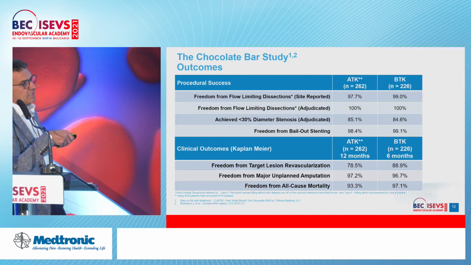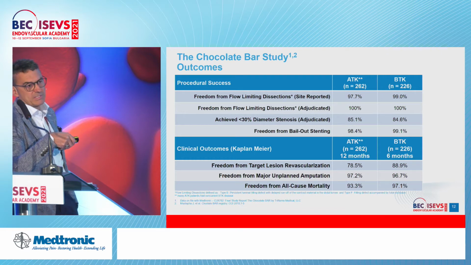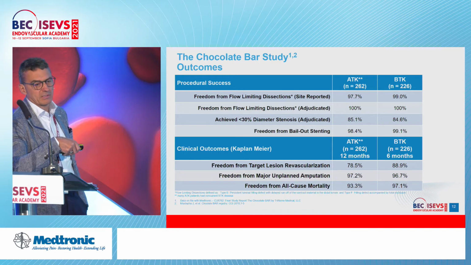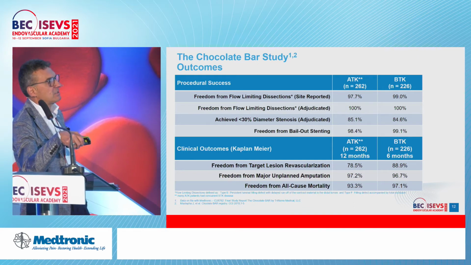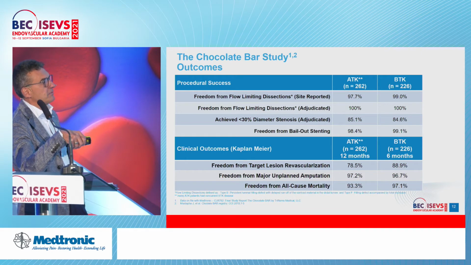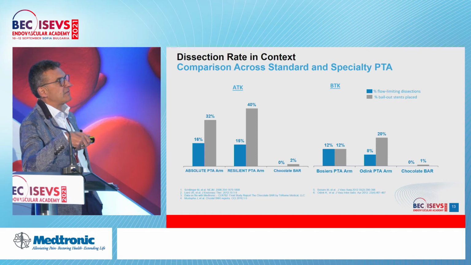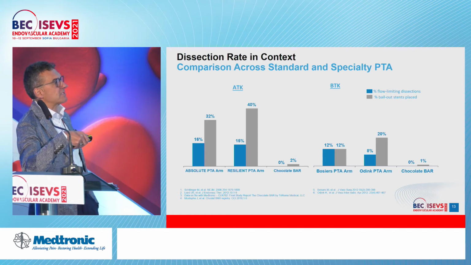And of course, the clinical result is also, this is the most important, this is the hard endpoint. And the hard endpoint is speaking freedom from major amputation more than 95%.